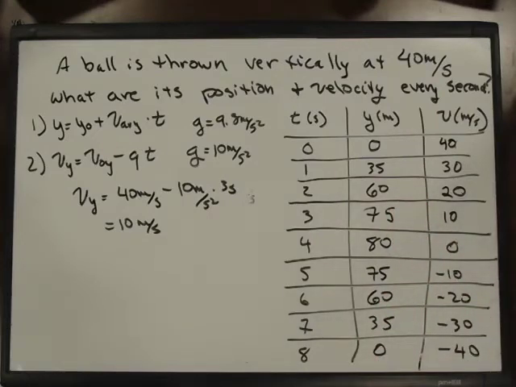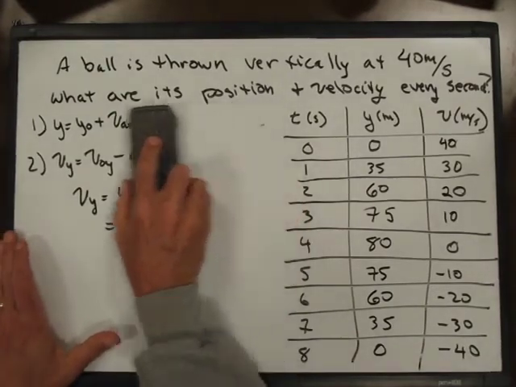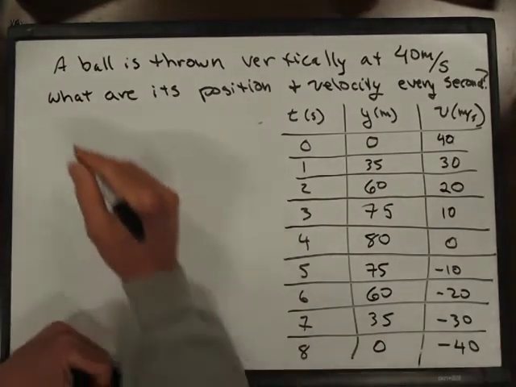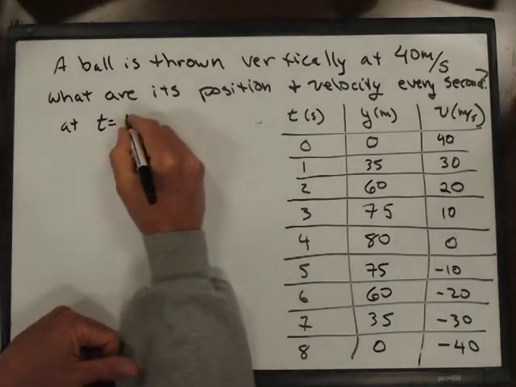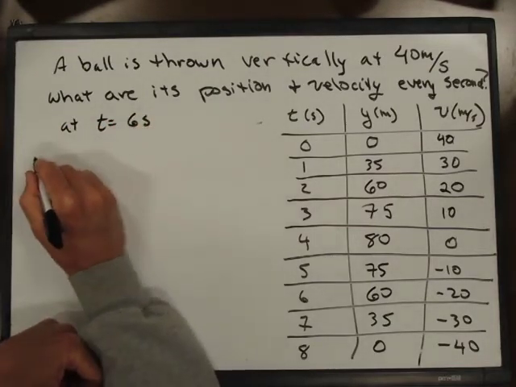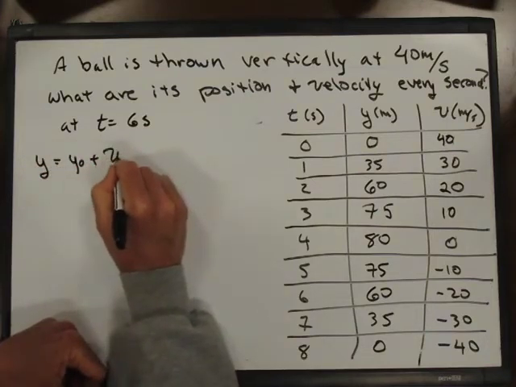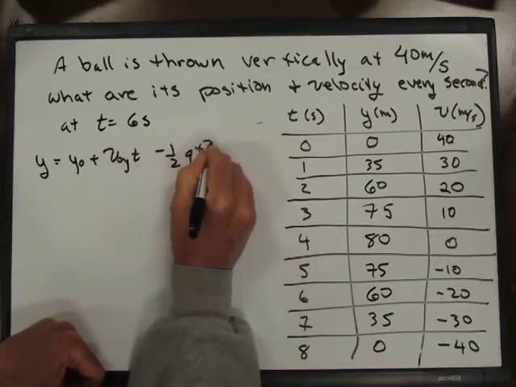Right. Notice we could use our other equations if we wanted to. For example, suppose we want to say at t equals, let's pick one, 6 seconds. We could grab equation 4, and say y equals y naught plus v naught y times time minus 1/2 g times time squared.